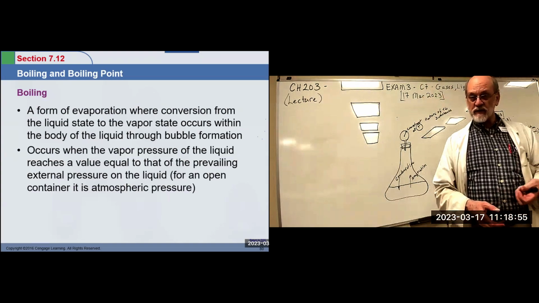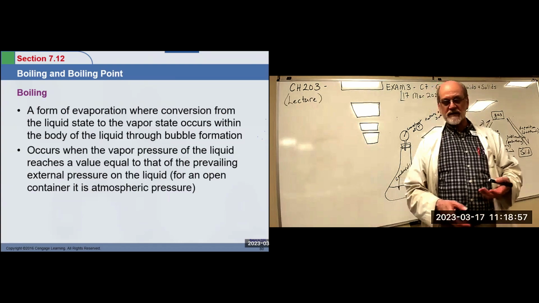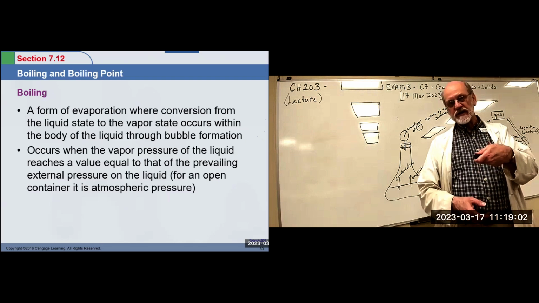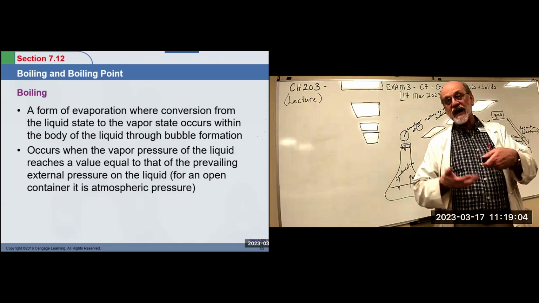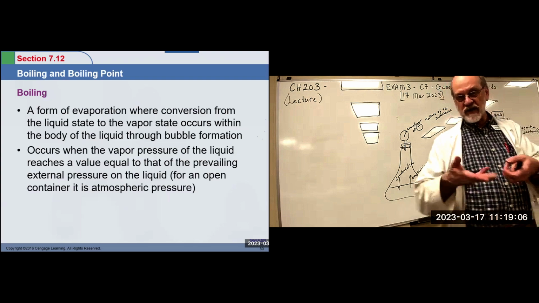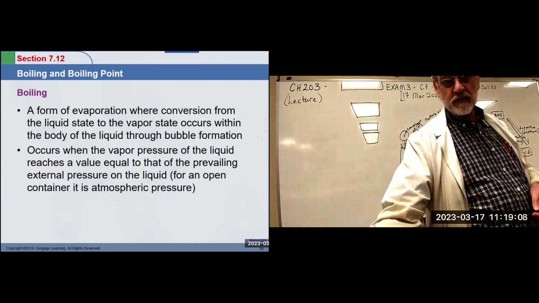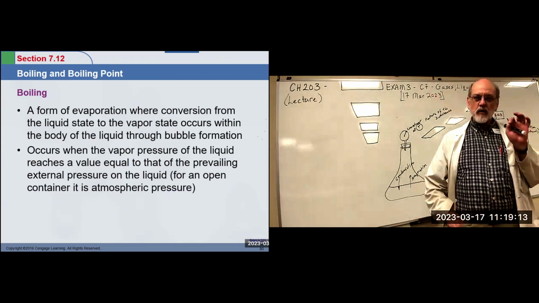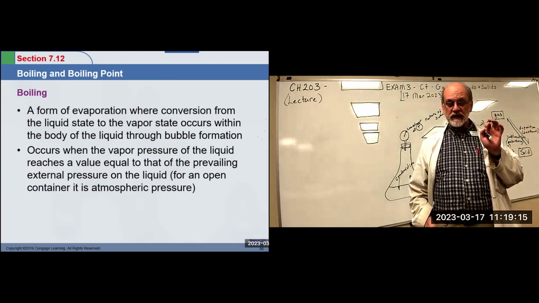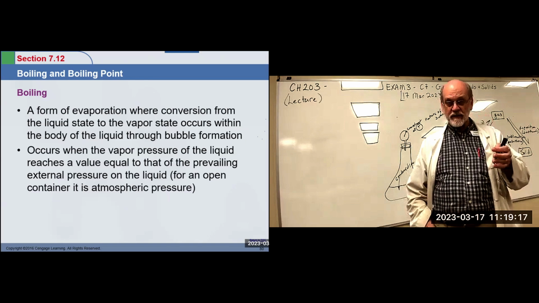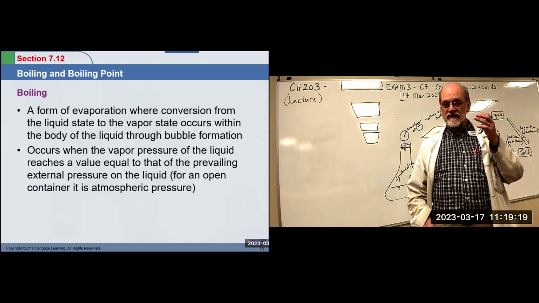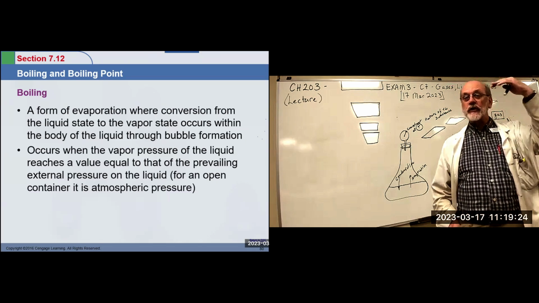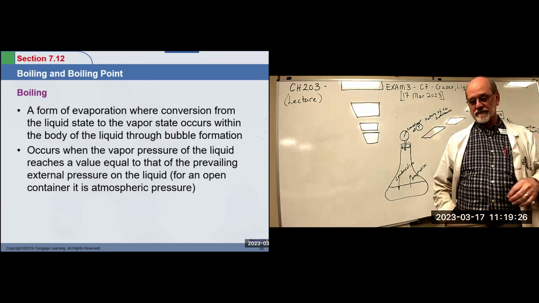And you generally see the bubbles forming at the heat source, right? So if you put a pan of water on the stove, you're going to see the boiling occur at the bottom of the pan, at the bottom of the liquid. So that's where the heat's being delivered. Boiling occurs when the vapor pressure of the liquid at that given temperature reaches a value that's equal to the external pressure on the surface of the liquid.